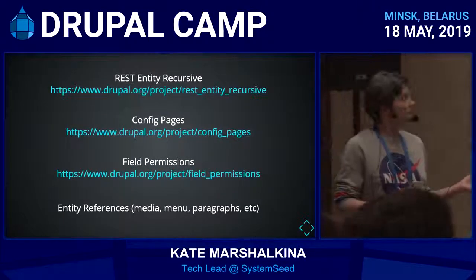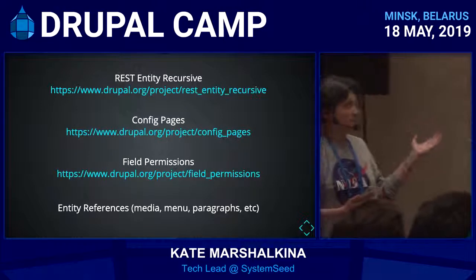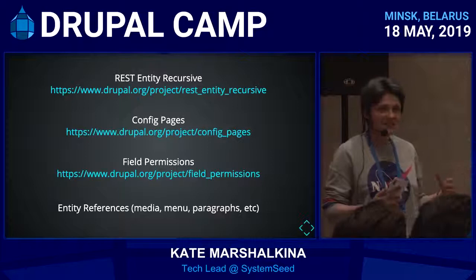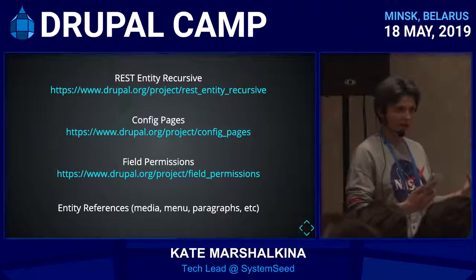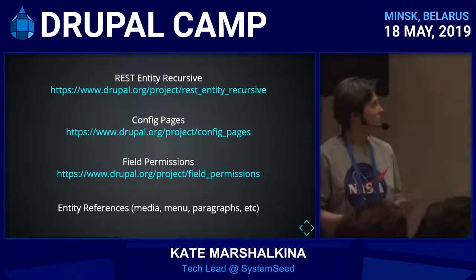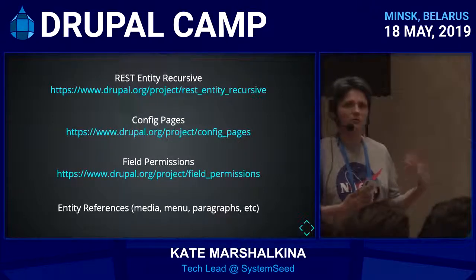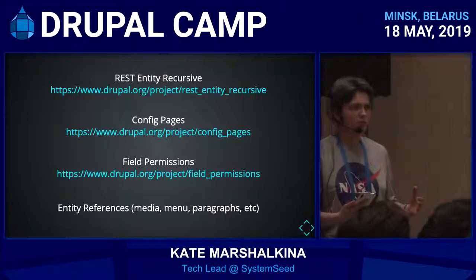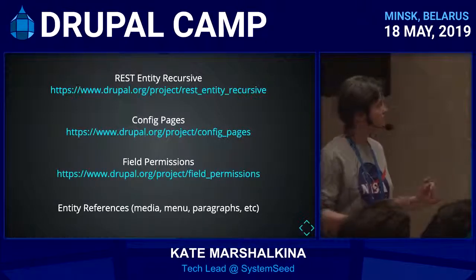So to solve that problem, we first install REST entity recursive, but REST entity recursive needs an entity. So we need to create something. For that purpose, we install Config Pages, a very nice module that allows you to create a config and assign an edit page anywhere in your menu.